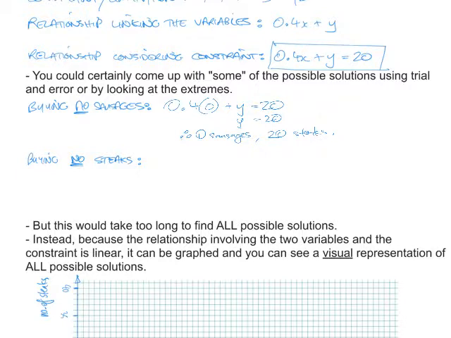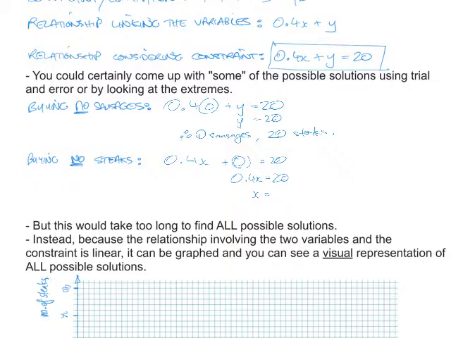If I was buying no steaks, it would be 0.4x plus 0 is equal to 20. 0.4x plus 0, well, that's going to be nothing left over, is 20. And the opposite of timesing something by 0.4 is dividing by 0.4.